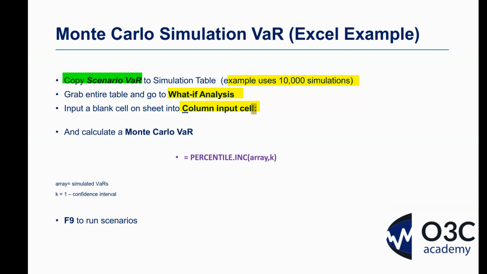And I'm doing it that way. And then, as we've done before, I'm going to calculate the Monte Carlo VAR. That would be done using the same function as we've used previously. And to run all of these lovely scenarios, all you have to do is press F9. And I'll show you that again when we do it on the Excel spreadsheet. So let's get there right now.